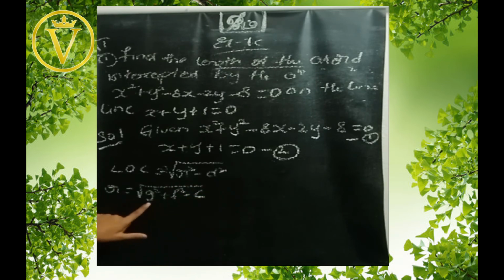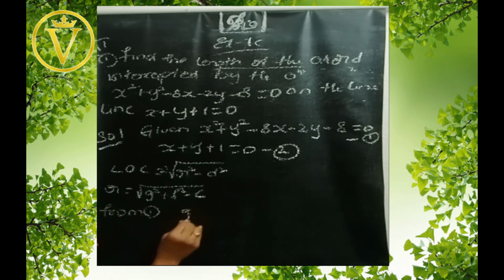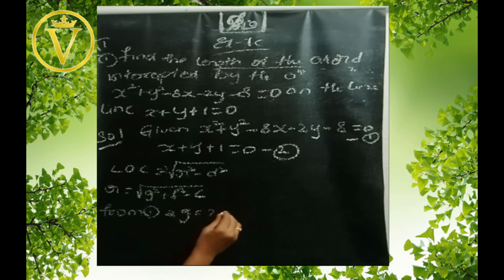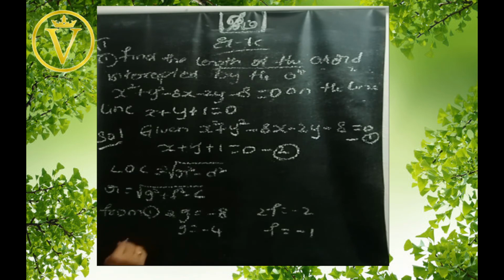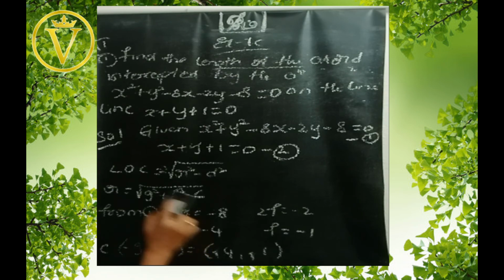To find g and f, from equation 1, 2g equals minus 8, g equals minus 4, 2f equals minus 2, f equals minus 1. The center is minus g comma minus f, equals 4 comma 1.